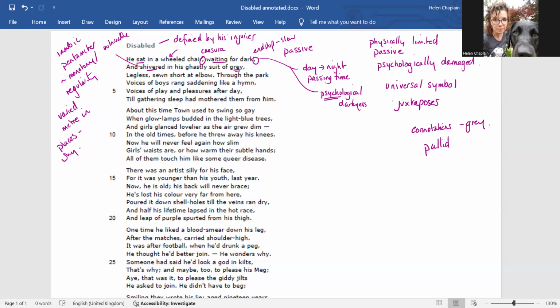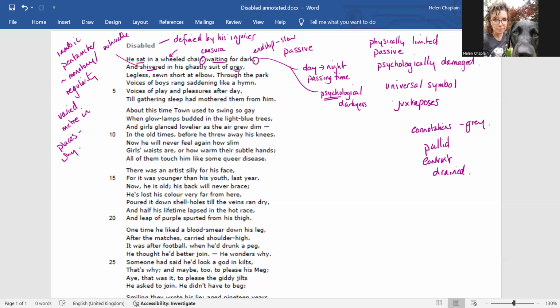It's like all of the colour has been drained from him and washed out of him. You can contrast it later with the "purple spurt", all of the ideas that he was going to have this really colourful, active life. And it's all drained away at this point.